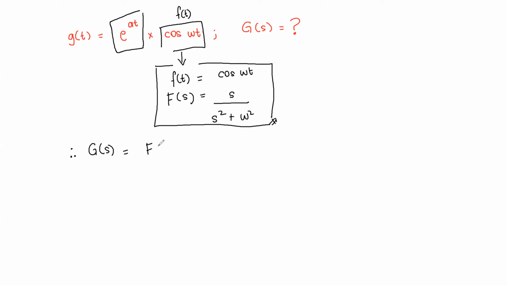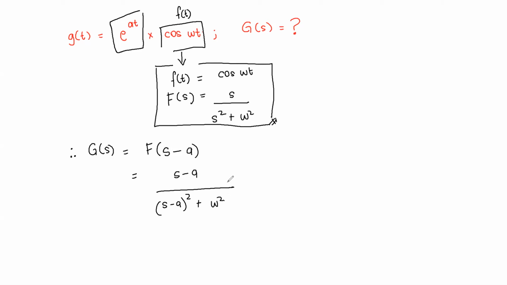Therefore, your G(s) here, using the first shifting theory of Laplace transform, will be shifted by s minus a. So here your answer will be s minus a over (s minus a) squared plus omega squared.